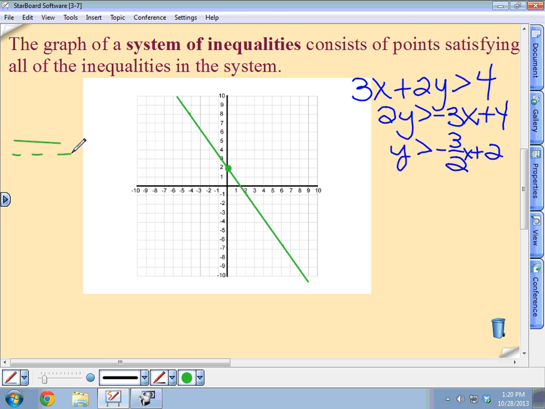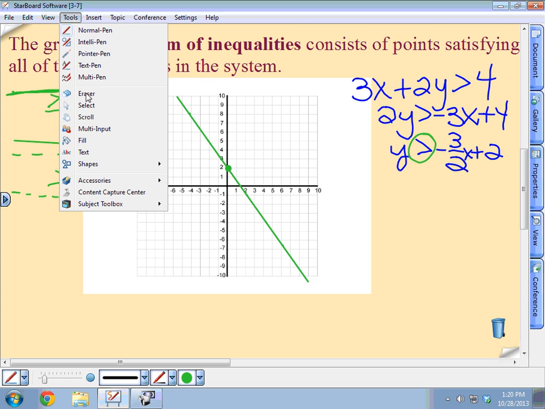So you're going to look at your sign here. If it's also equal to it, you're going to have a closed line. That means that that's going to be part of the solution set. If it's just greater than or less than, it's going to be broken, because when it's equal to it, it's not going to be part of the solution set. So which one am I going to have, the closed solid line or the broken line, in my equation over here? Broken line. Okay.